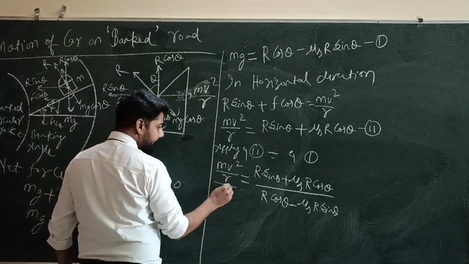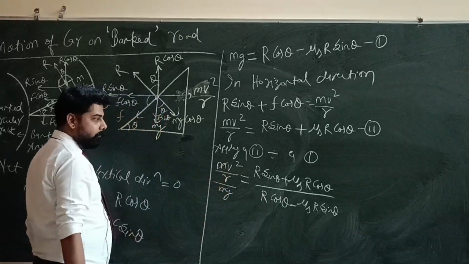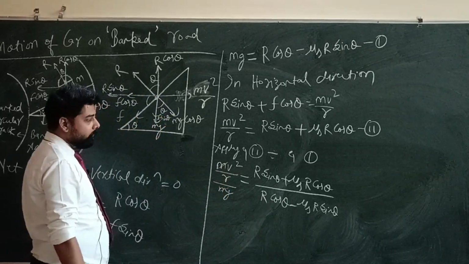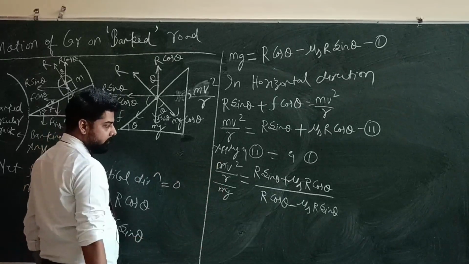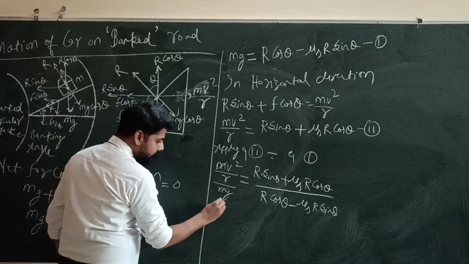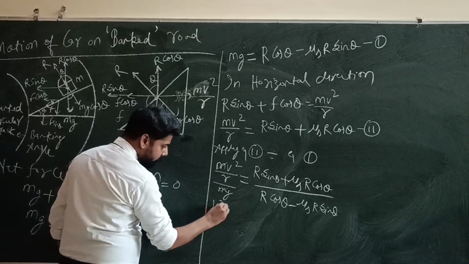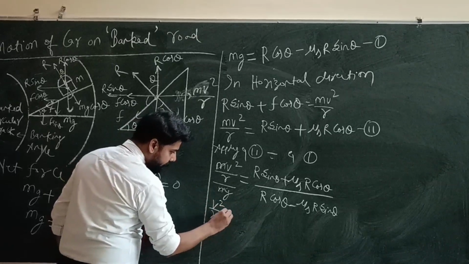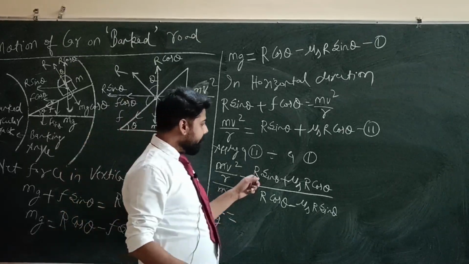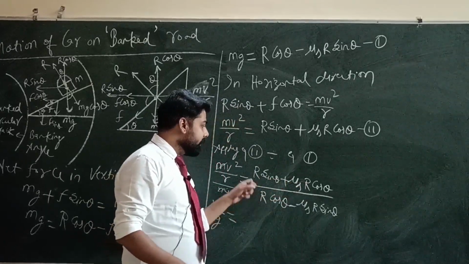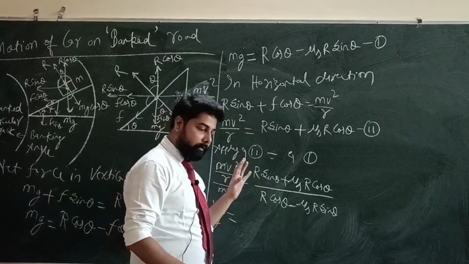We can cancel m from both sides, so v square upon rg equals, and if we take R common from the numerator and denominator, it will cancel.